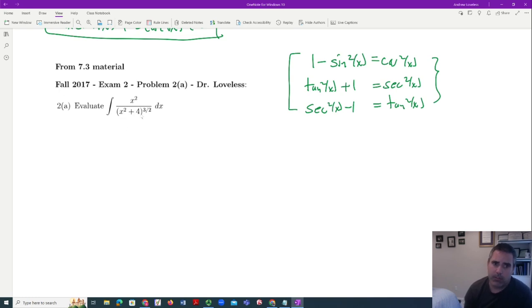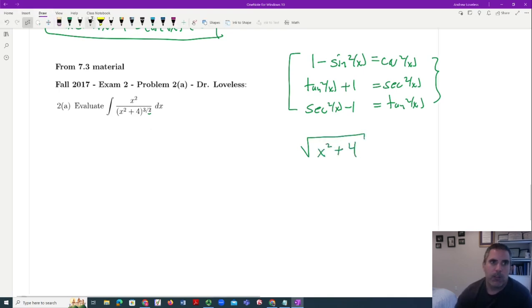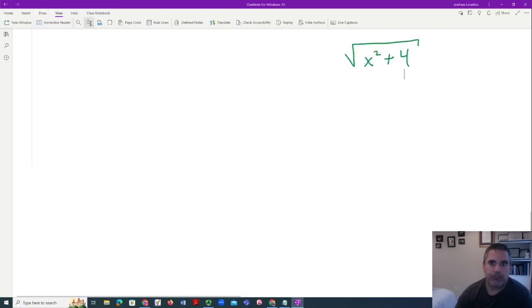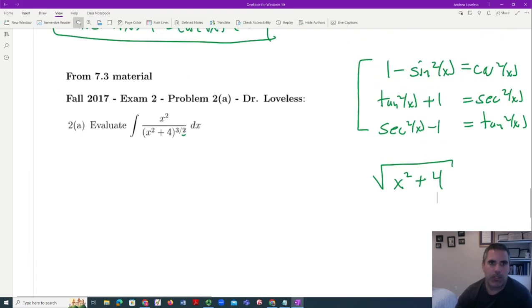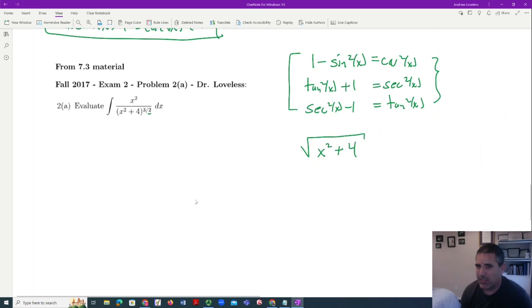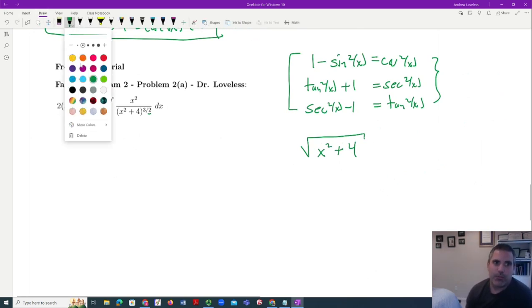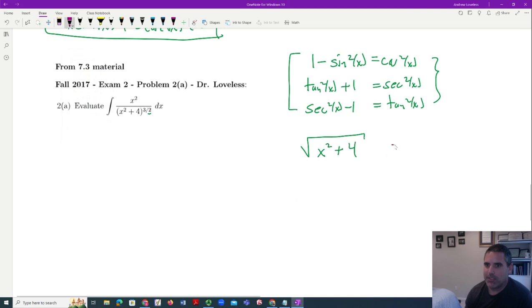So in this case, when I look at it, there's a square root hiding in there. Basically, I really want to simplify the square root of x squared plus 4. And when you notice that, the challenge becomes, how can I simplify that? Because it doesn't distribute. We call it the sophomore's dream, where you distribute this and call this x plus 2.